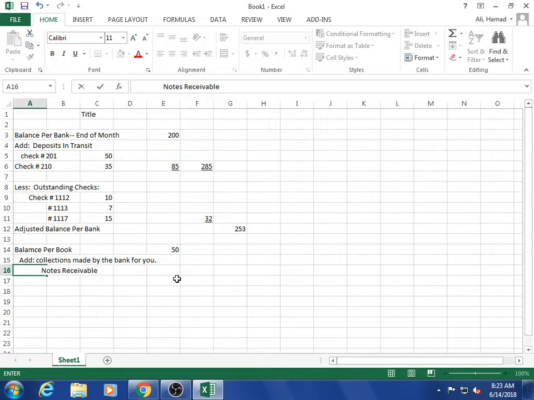Let's say this notes receivable is $100. Remember, anytime you collect notes, it has interest on it.